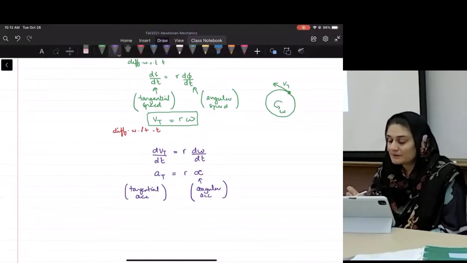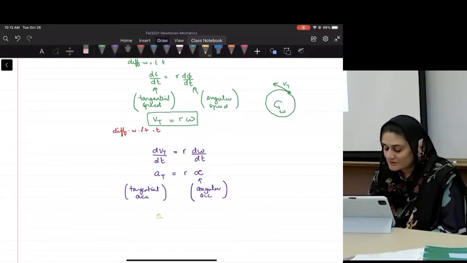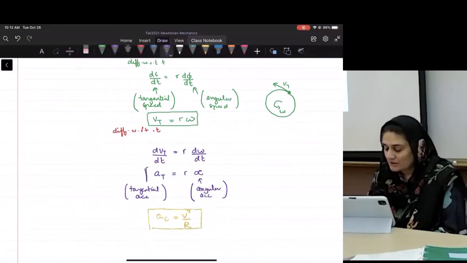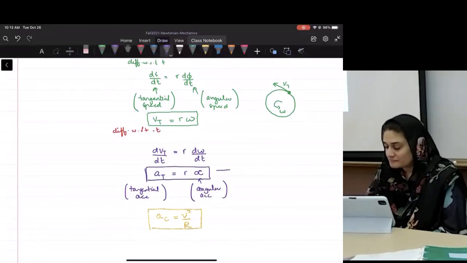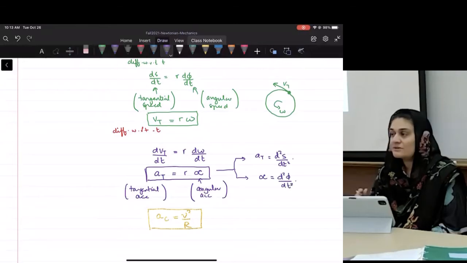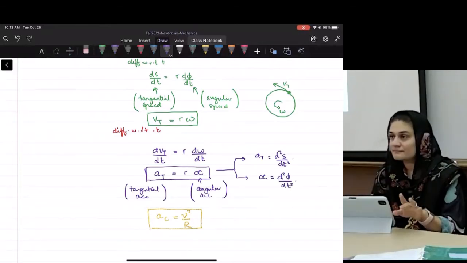The centripetal acceleration is a_c equals v squared over r, whereas the tangential accelerations are given by this, where a_t is d squared s over dt squared, and alpha is d squared phi over dt squared. Just reminding ourselves, right?